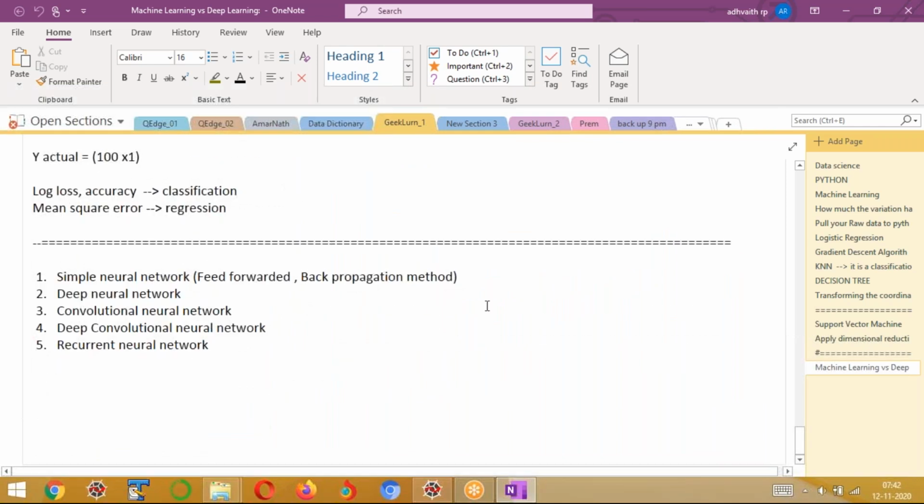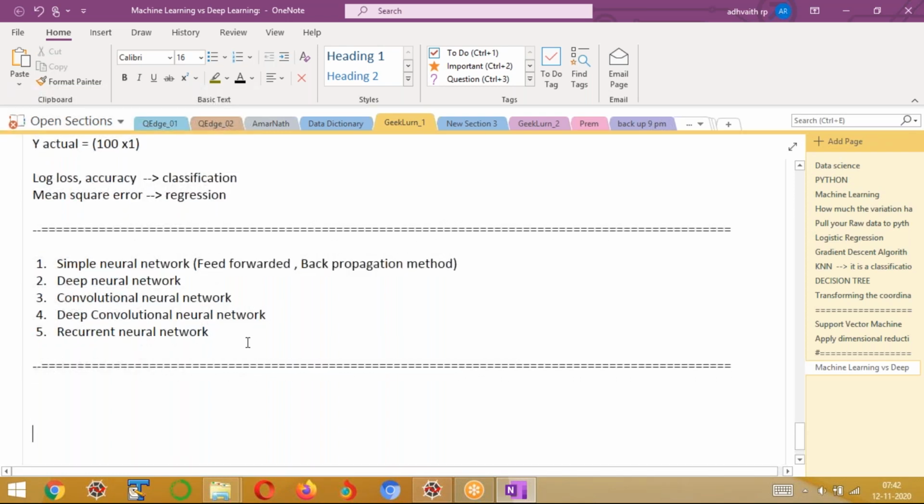Did I explain feed forward and back propagation yesterday? Did I tell something on this? I do not remember. Told, right? Okay. We'll go into a little depth to understand more about these things.